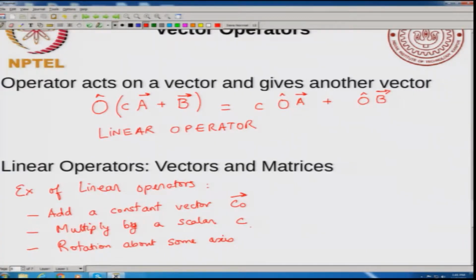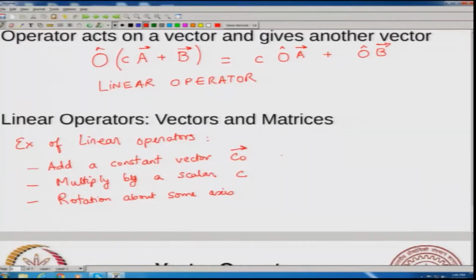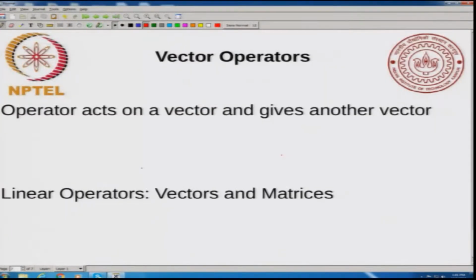Okay. So, an operator that is not linear. Okay.